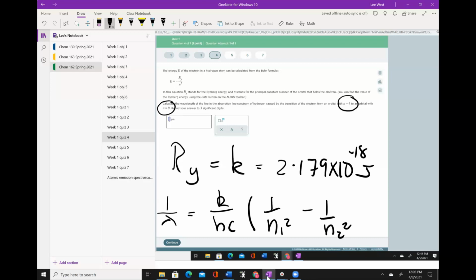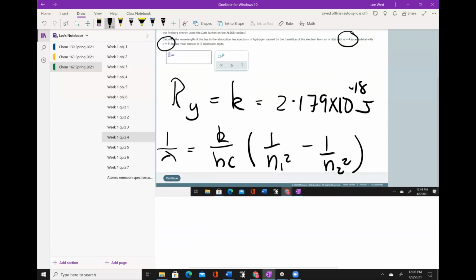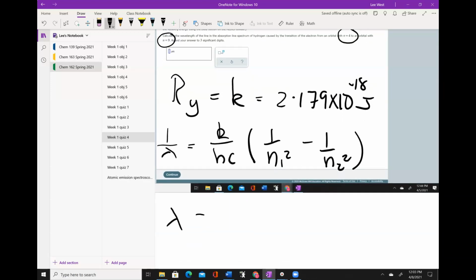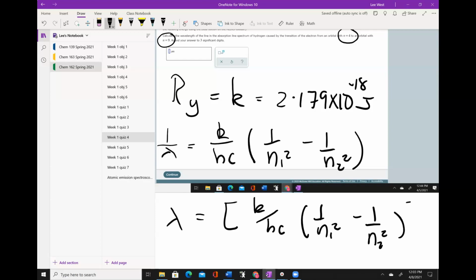So that's what we're going to do. And then if we take the inverse of that, just by raising everything to the power of minus 1, we'll get our wavelength directly. Now that'll give us the wavelength in meters.